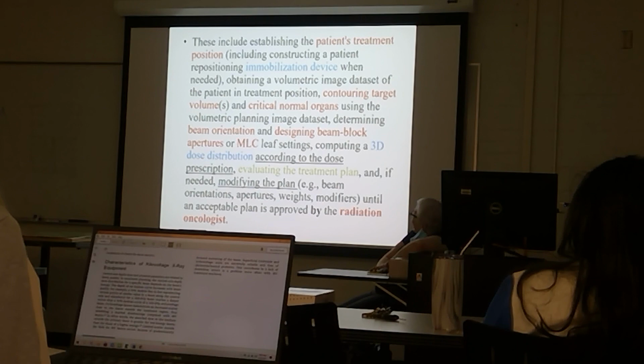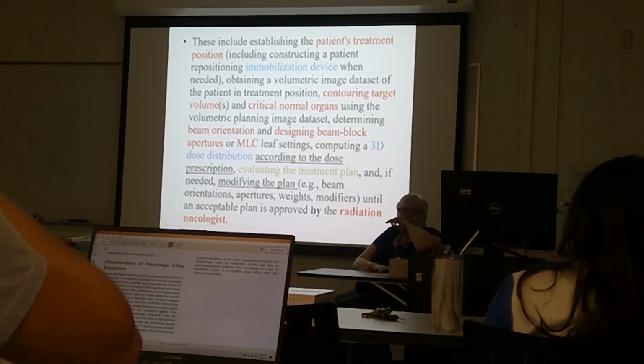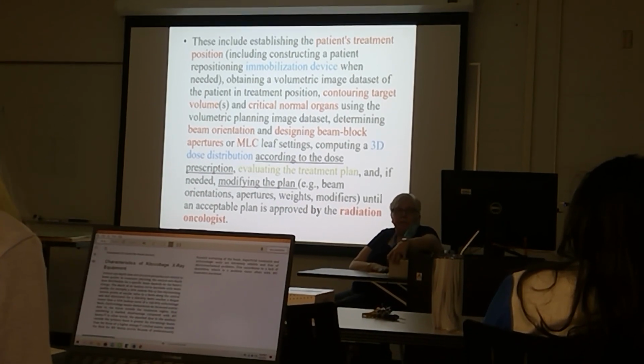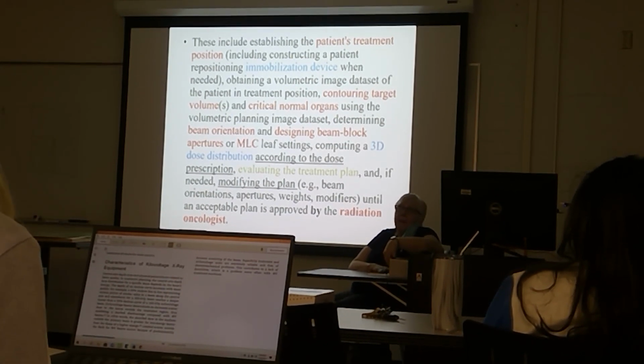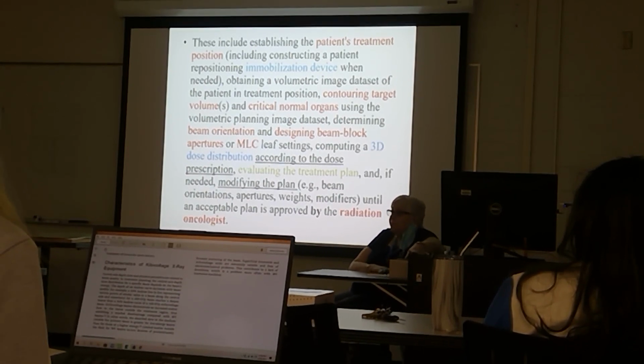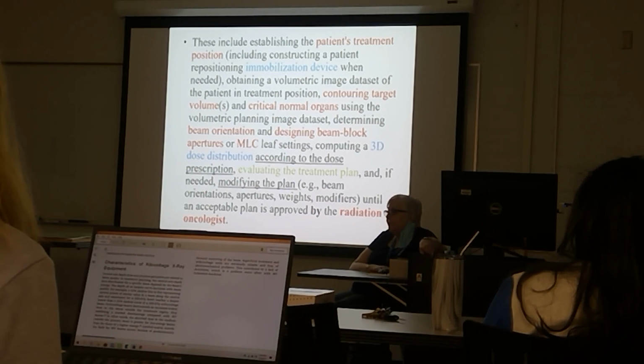Determining beam orientation. What is beam orientation? Direction. Yeah, direction from which the beam comes out. Arrangement. The arrangement. So, what would that mean? What does orientation mean? Like the positioning of the beam at all times while it's moving.